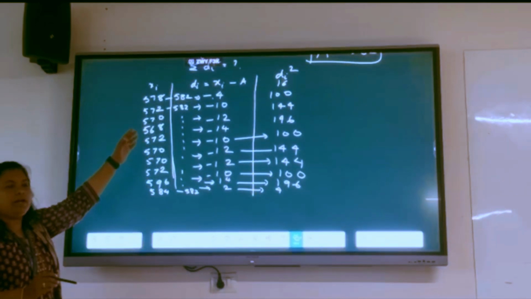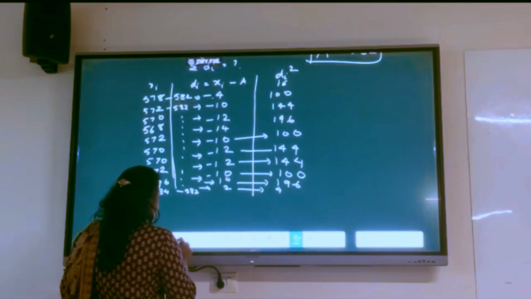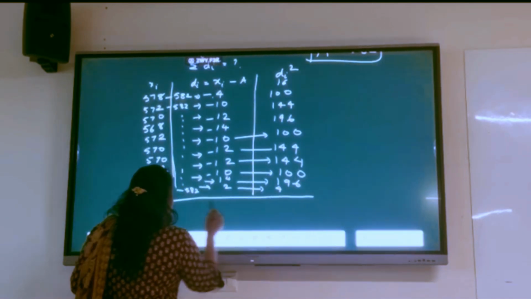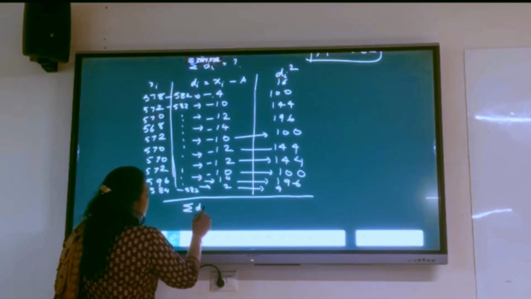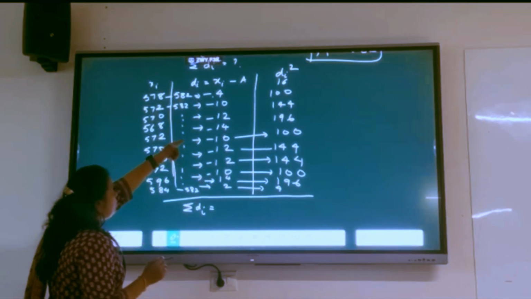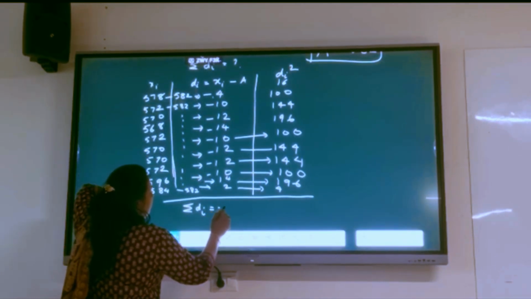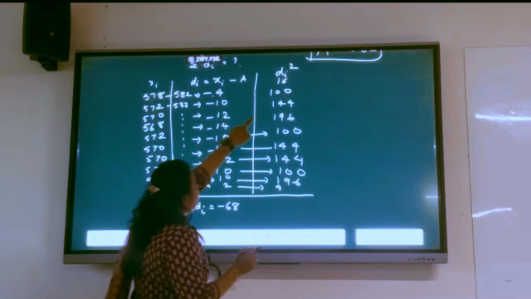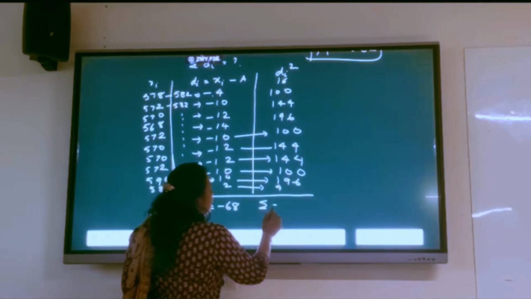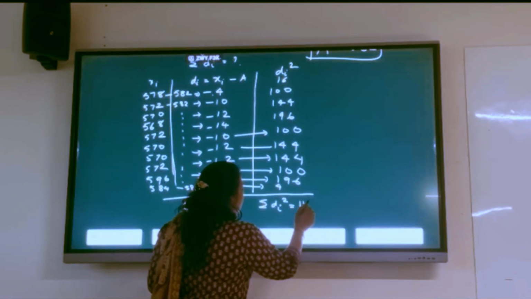After calculating the square terms, write down summation di. Add up all the terms and you get minus 68. When you add up here, you get summation di square as 1177.